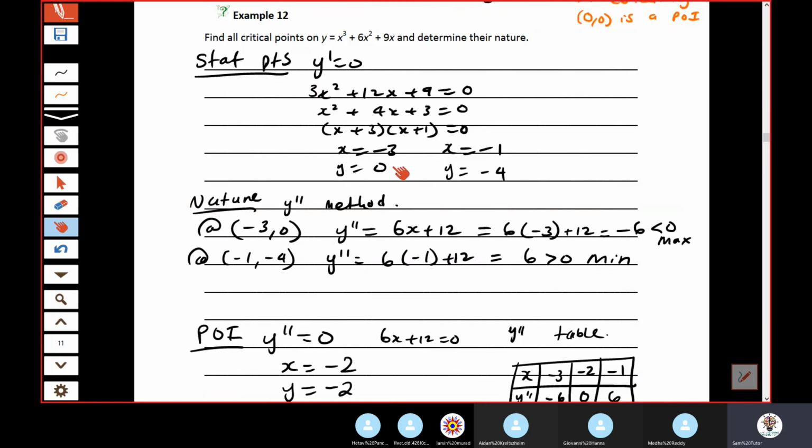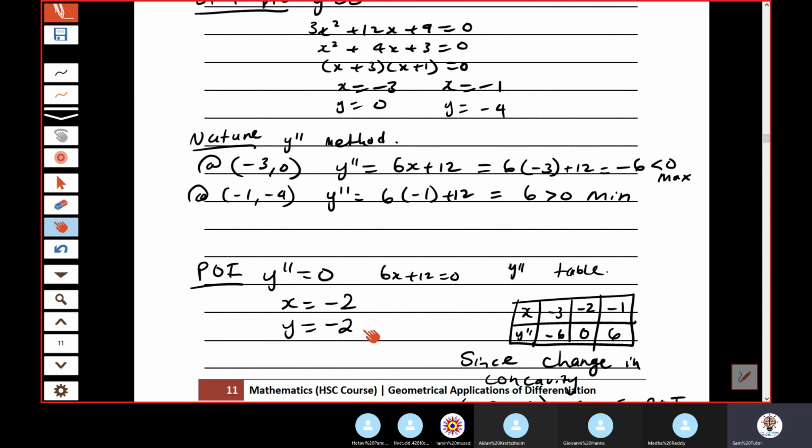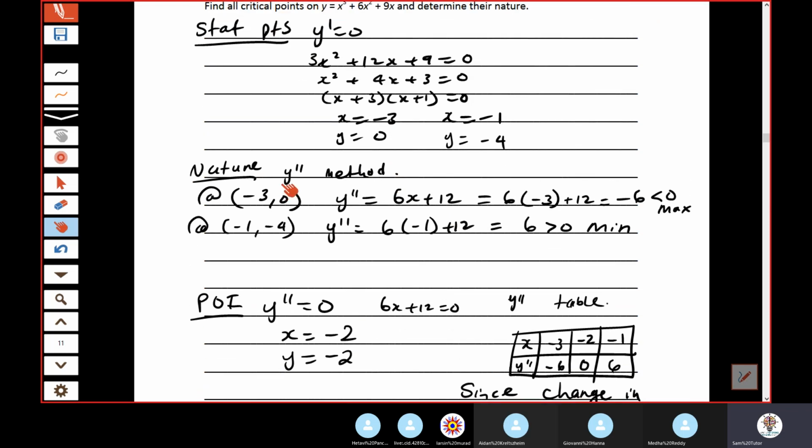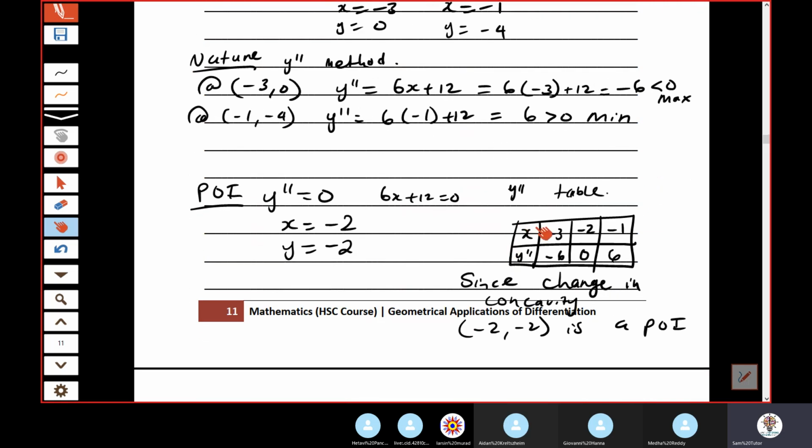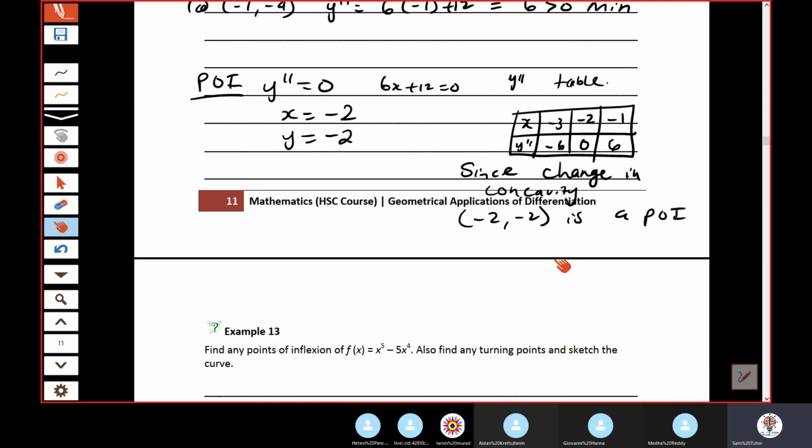So you would have found it here, and you would have found the same point here. Does that make sense? In nature, what would you have got here? It would have said possible point of inflection. Then you would have come up here, proved it's a point of inflection, and then said it's a horizontal point of inflection. So the ones you get as possible are probably going to be horizontal points of inflection. Otherwise, everything else is just a point of inflection.